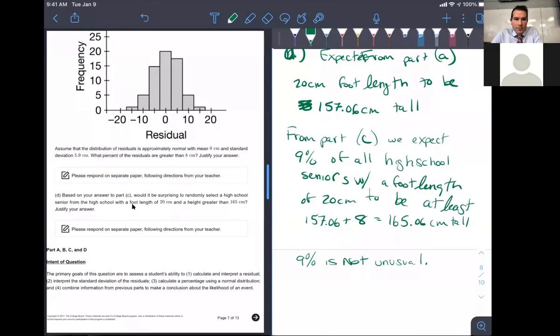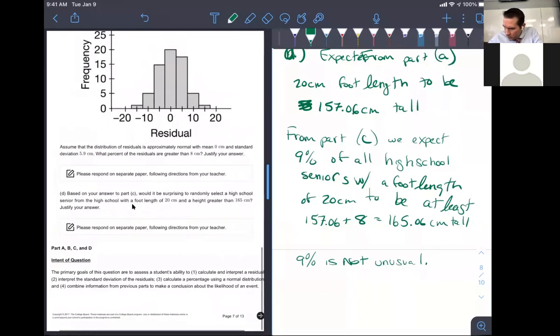No. And that's why the answer to the justification for us is no. It's not surprising. 9% of the time, you would expect someone to be about 165 centimeters tall, given that their foot length is 20 centimeters. That's 1 out of 10. It's not that bad.